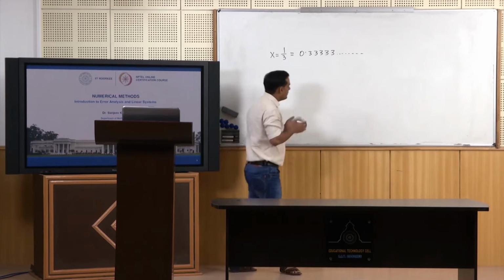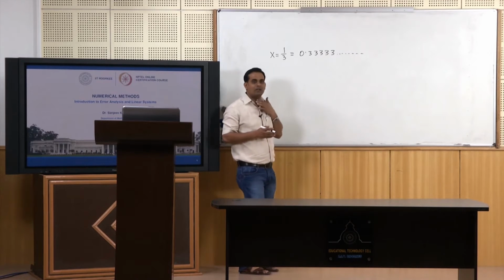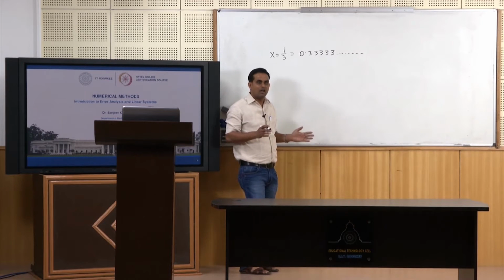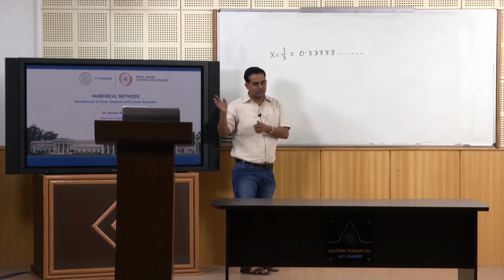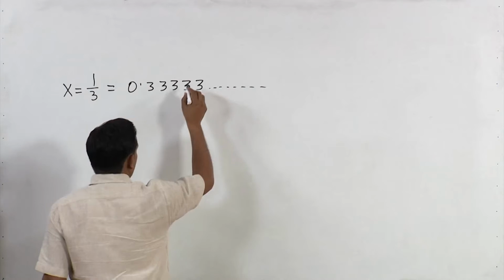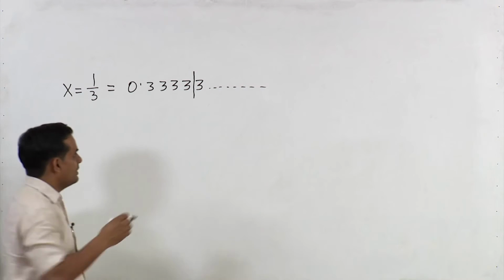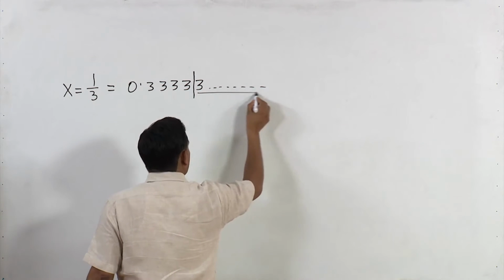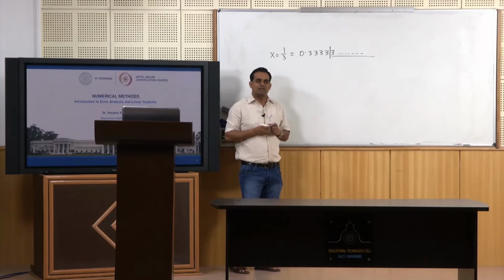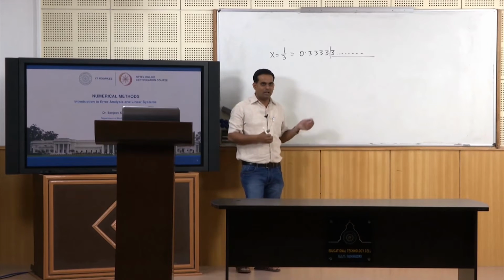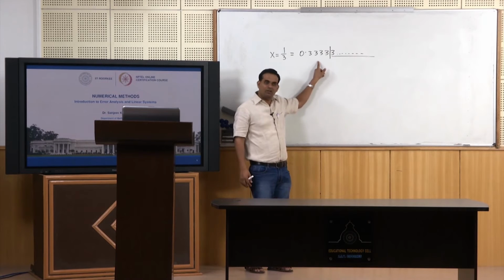So what happens, we need to cut down this number somewhere after some fixed decimal places. For example, if I cut down this number after 4 decimal places, this portion will be ignored, and hence we are introducing an error in our computation.